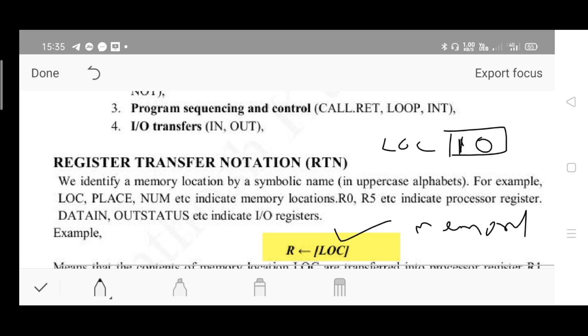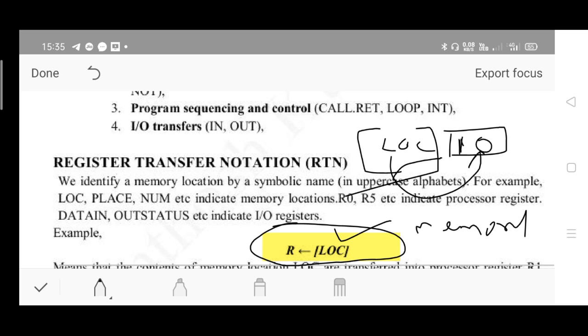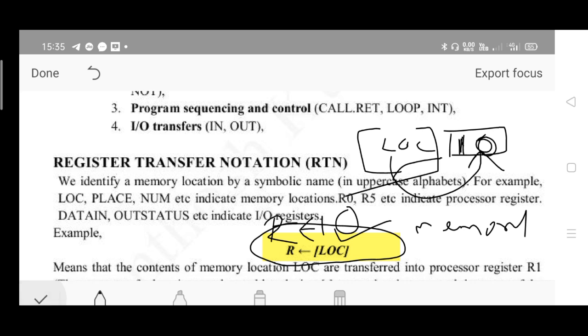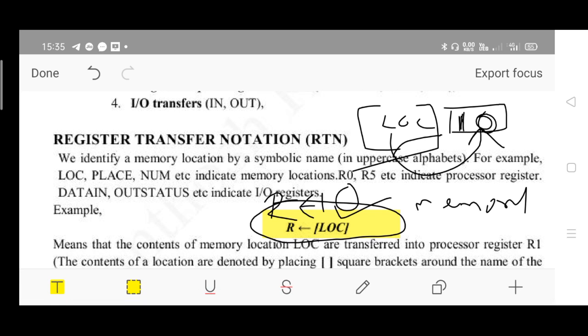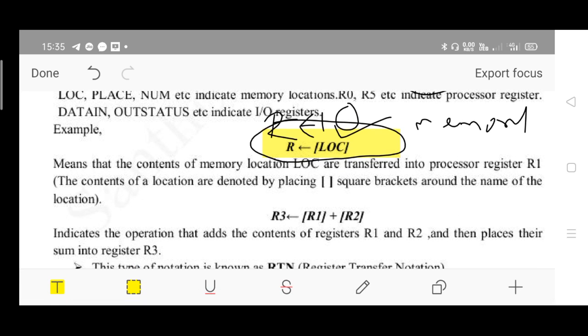So the meaning of this statement, which I am highlighting: the bracket stands for access its content. So what is the content of the location? The content of the location is the integer value 10. So where is it to be transferred? Check the arrow mark. It is to be transferred to register R. This is what register transfer notation is.